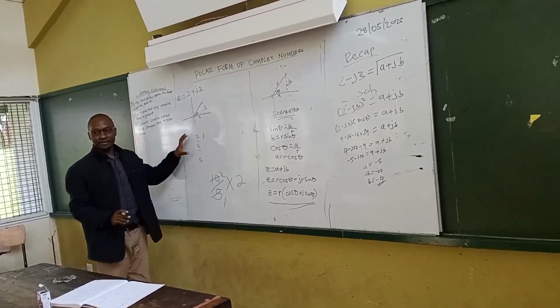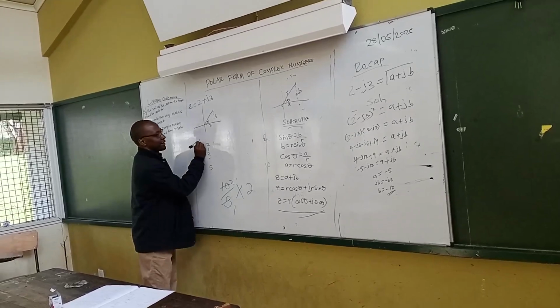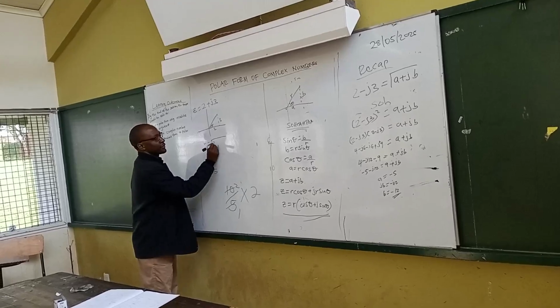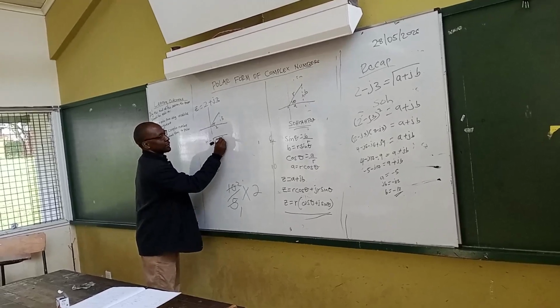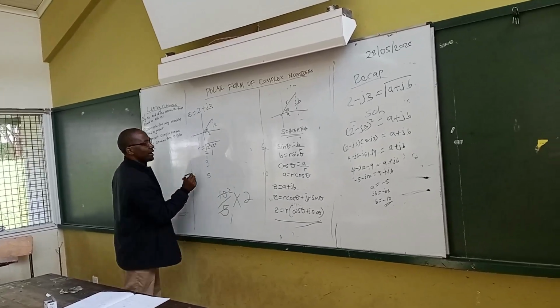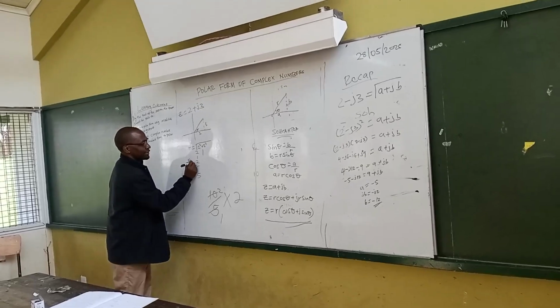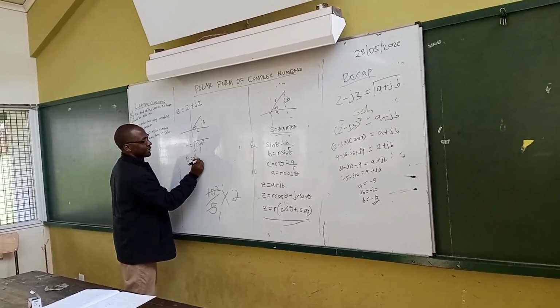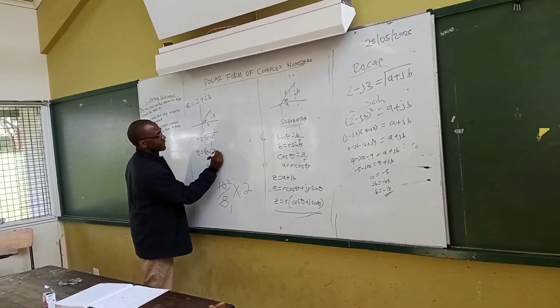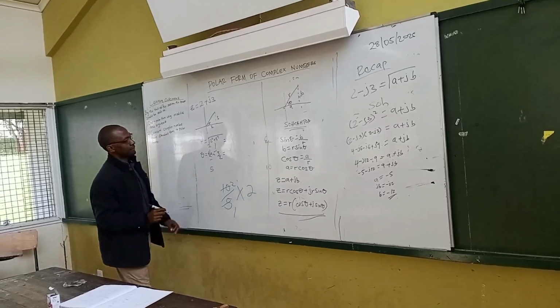So from here you can find the modulus, which is R, given by the square root of 2 squared plus 3 squared. Then you find our argument, which is given by tan inverse 3 over 2.